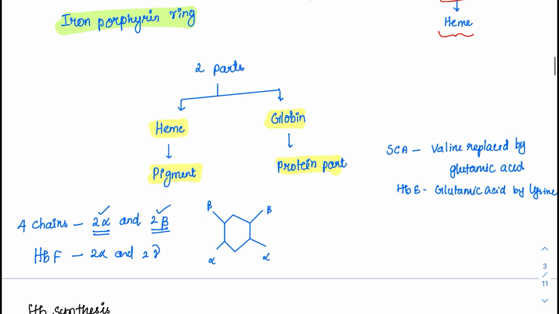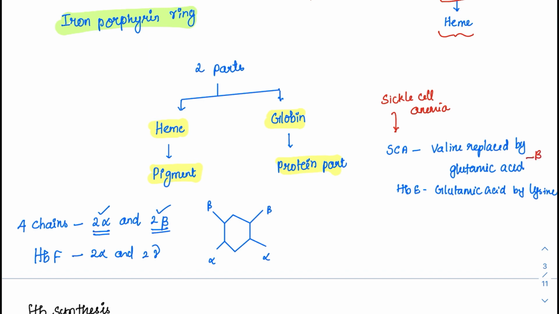Then coming to two disorders of hemoglobin, wherein there is a replacement of an amino acid. The first one is called sickle cell anemia. In sickle cell anemia, the amino acid glutamate is replaced by valine in the beta chain.